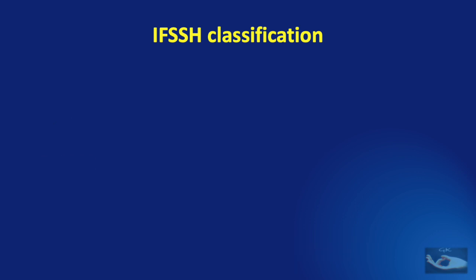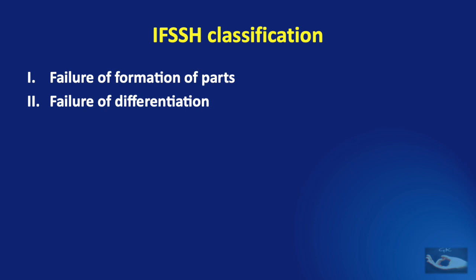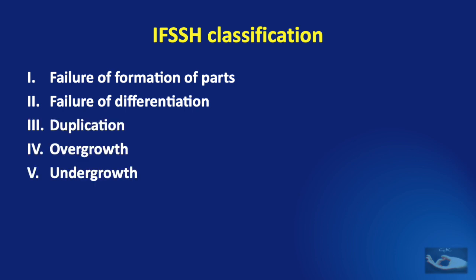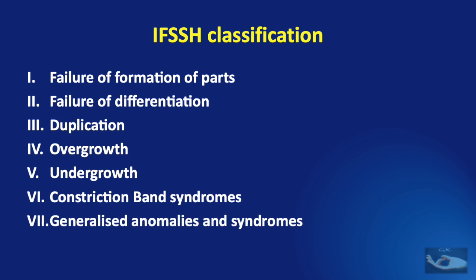This IFSSH classification based on Swanson's method consisted of 7 categories: failure of formation of parts, failure of differentiation, duplication, overgrowth, undergrowth, constriction band syndromes, and finally generalized anomalies and syndromes.